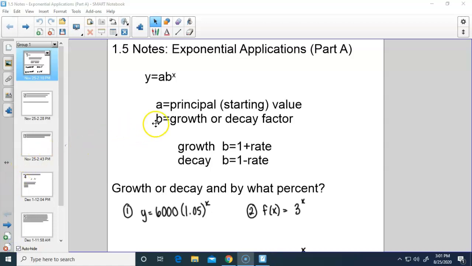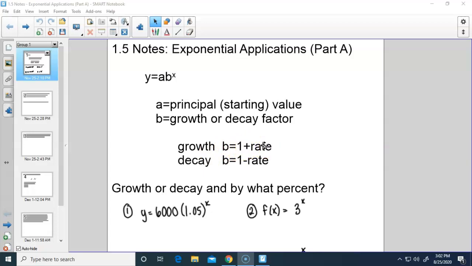So the general form for an exponential equation is y equals a times b to the x power. And a in this situation is your principal or your starting value. And b is your growth or decay factor. So if you have exponential growth, then that b is going to be 1 plus the rate as a decimal.